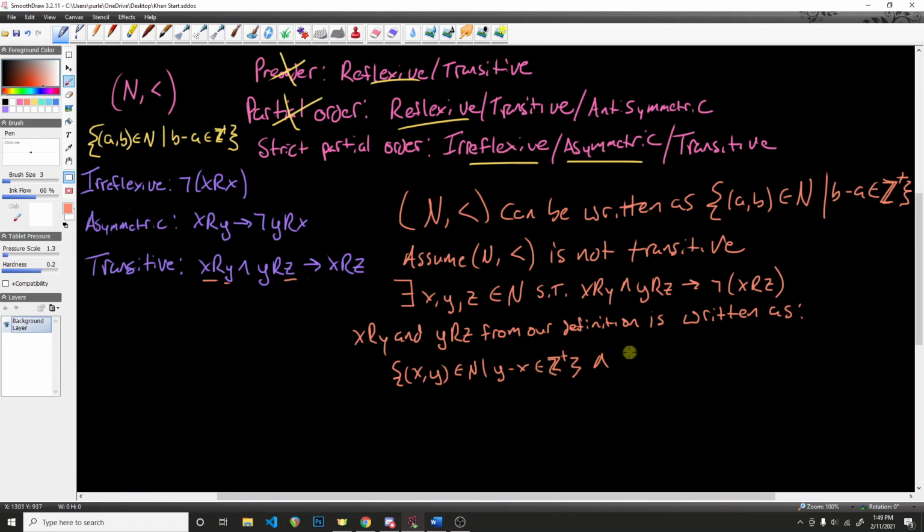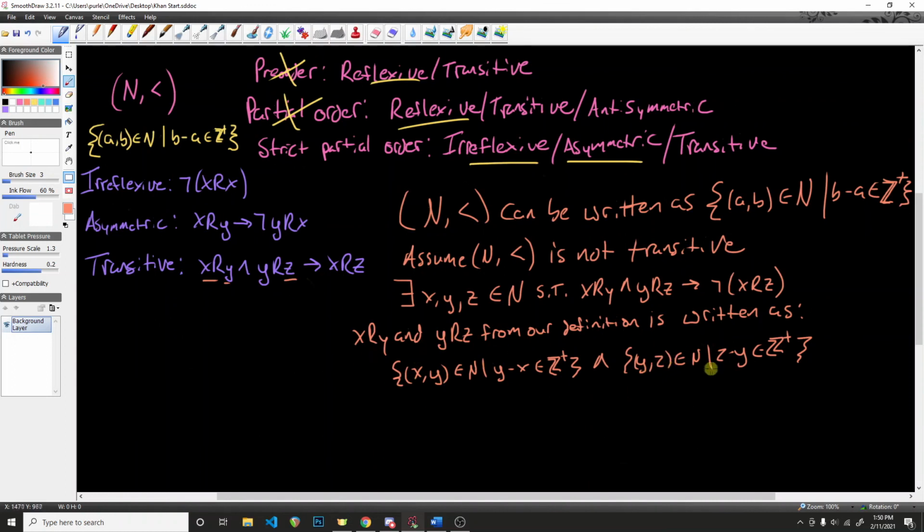And we have the case that y comma z are elements of the natural numbers. When we take z minus y, we end up with an element that is in the positive integers. So all I've done is copy this definition over for these two terms here, x R y and y R z. This is our x, our y, this is our y, and our z.